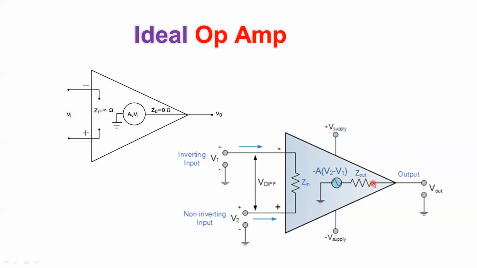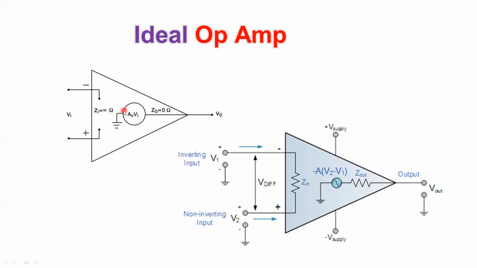The output is the difference between the inputs, V2 minus V1, multiplied by a gain, which is A. So simply V out equals A times (V2 minus V1), especially when Z out is equal to 0. So the output equals the gain multiplied by V input, which is the difference between these two points, V2 minus V1.